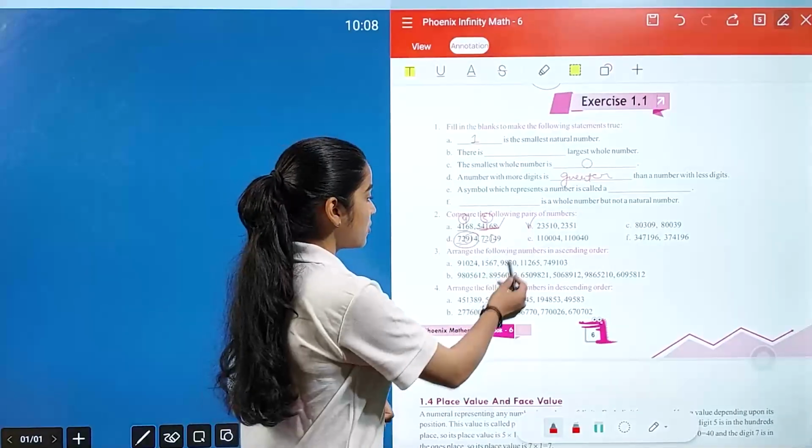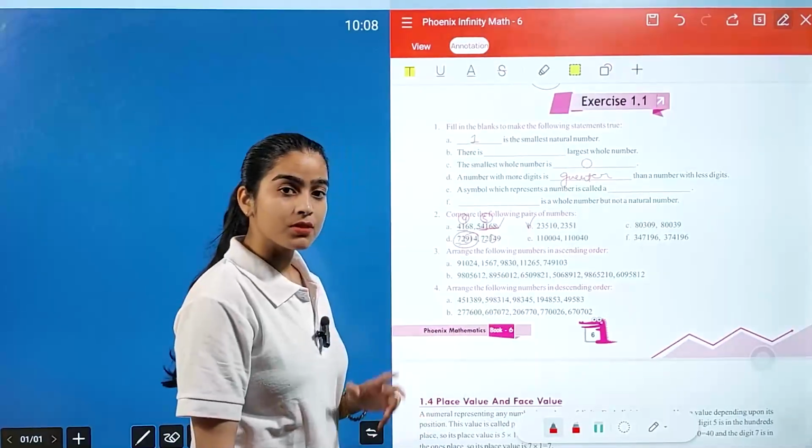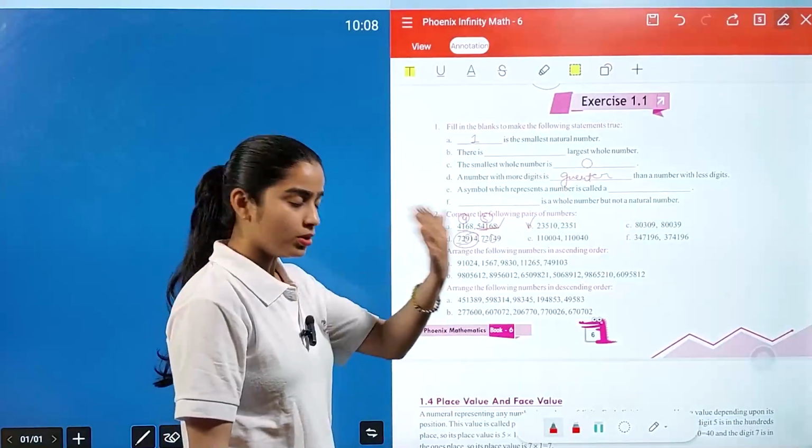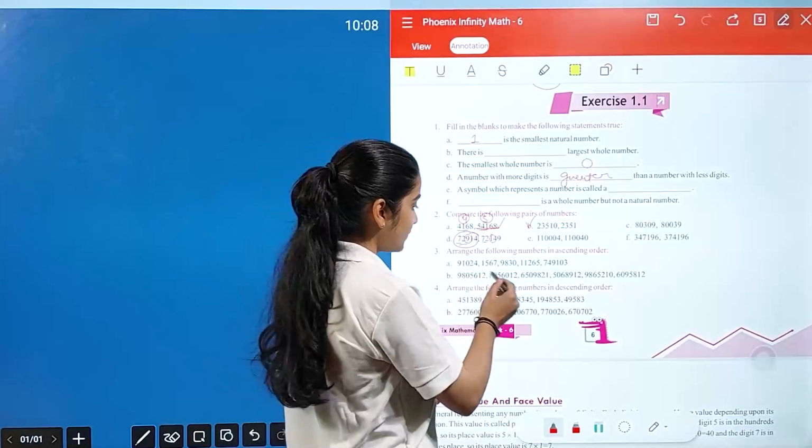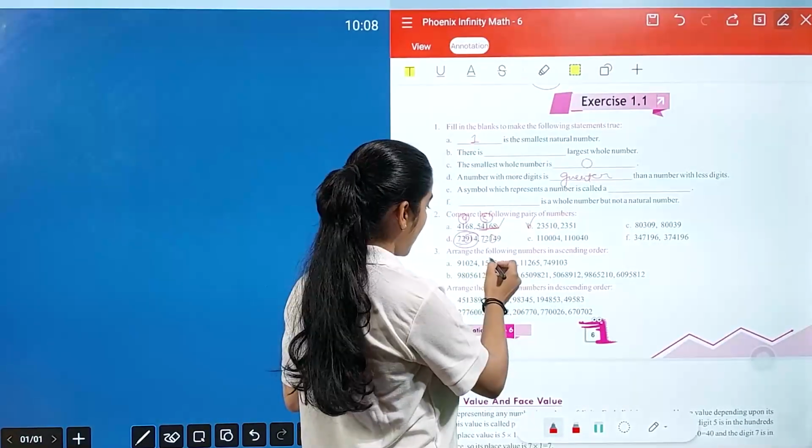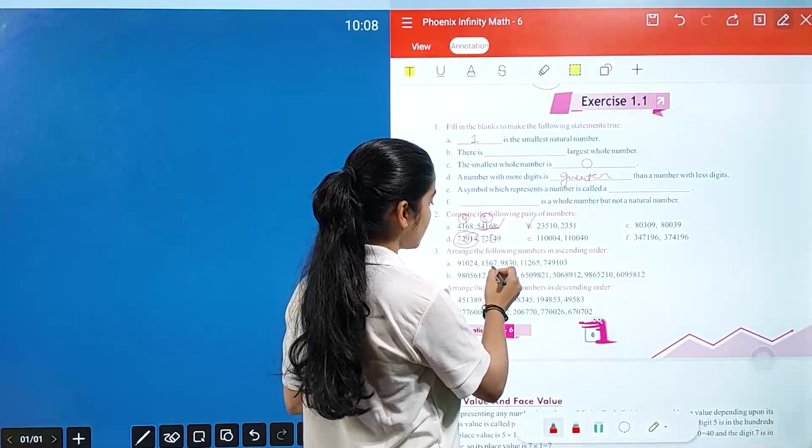Arrange the following numbers in ascending order. Ascending means we arrange our numbers from smaller to larger. First you have the smaller numbers, by digits: 1, 2, 3, 4.